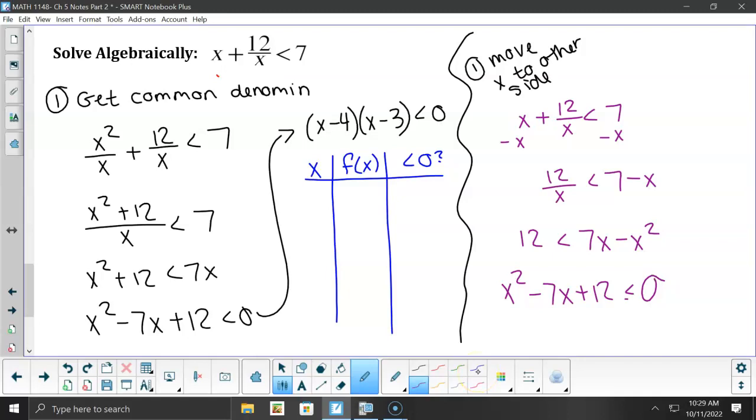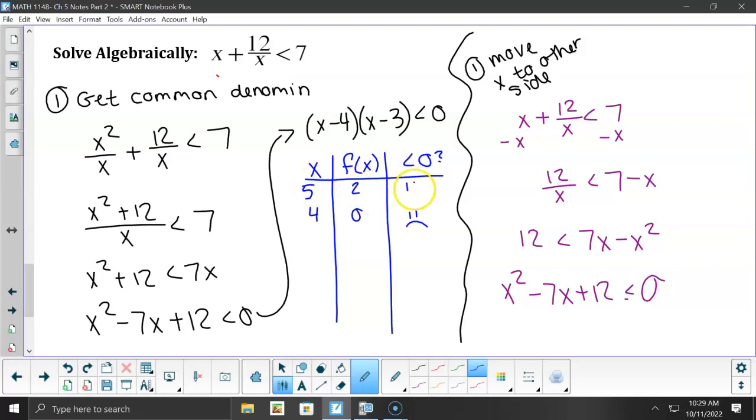All right, so let's pick some points. I know if I plug in 4, that's going to equal 0, and that's not going to work here. What happens if I plug in 5? 5 minus 4 is 1, 5 minus 3 is 2, so I get 2.